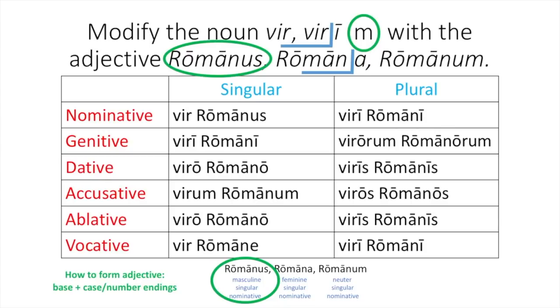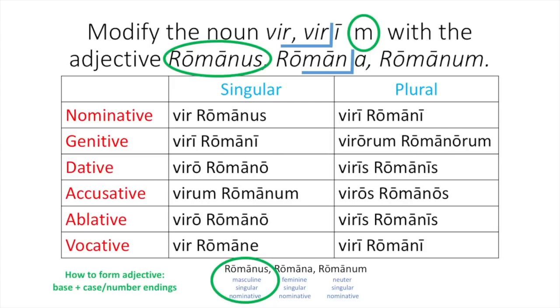As we continue through our chart, we see that viri Romani is the nominative plural, virorum Romanorum is the genitive plural, viris Romanis is the dative plural, viros Romanos is the accusative plural, viris Romanis is the ablative plural, and the vocative plural is viri Romani.